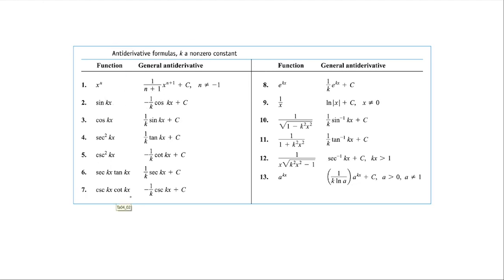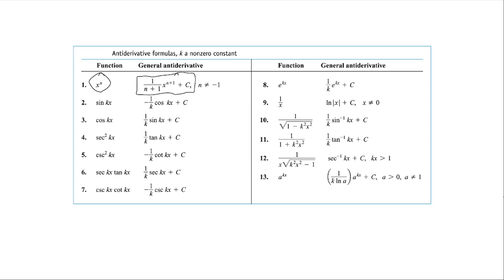For example, if you find the derivative of x to the power n plus 1 by using the power rule, it would be n plus 1 times x to the power n. That's the derivative. But now we're using the very same fact in reverse, so the antiderivative of x to the power n would be x to the power n plus 1 over n plus 1.